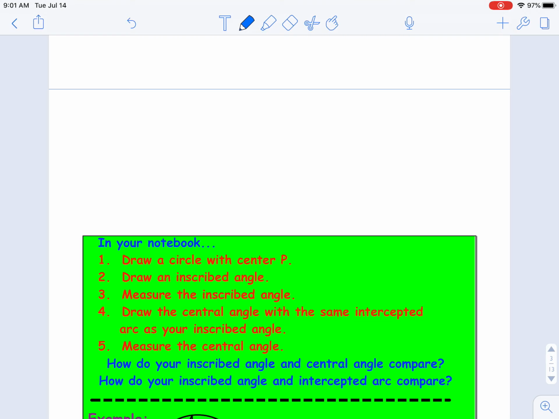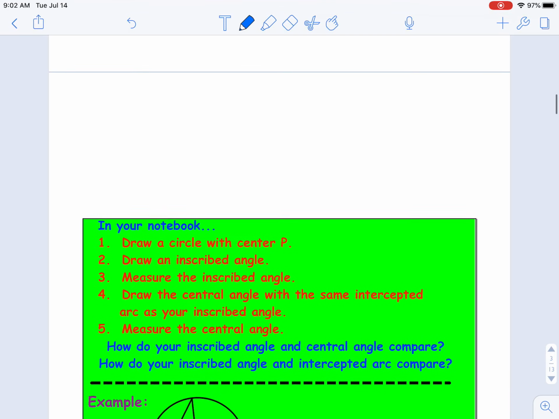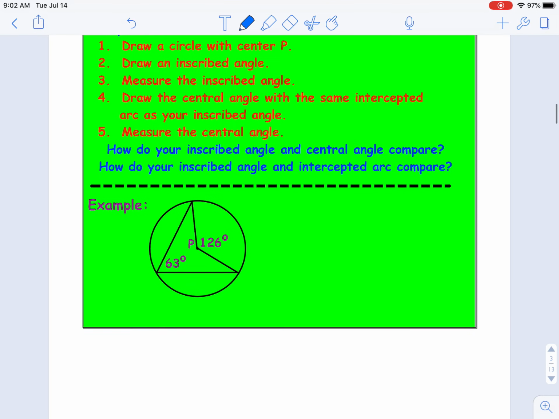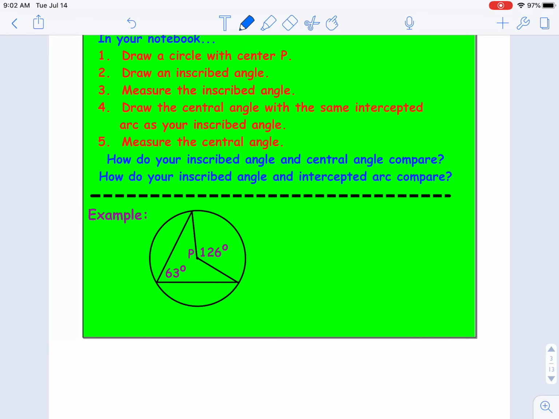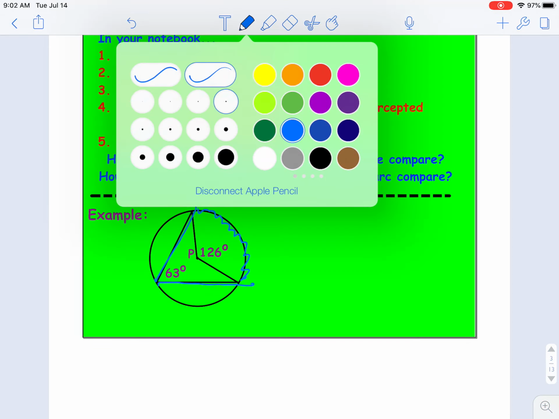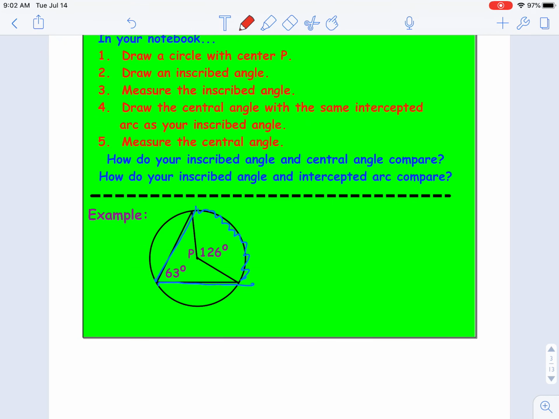So here's an interesting piece for your notebook. If you draw a circle with center P and draw an inscribed angle, and then draw a central angle with the same intercepted arc, you can find that there's a relationship between the inscribed angle and the central angle. If we look at this diagram, here is our inscribed angle, 63 degrees.